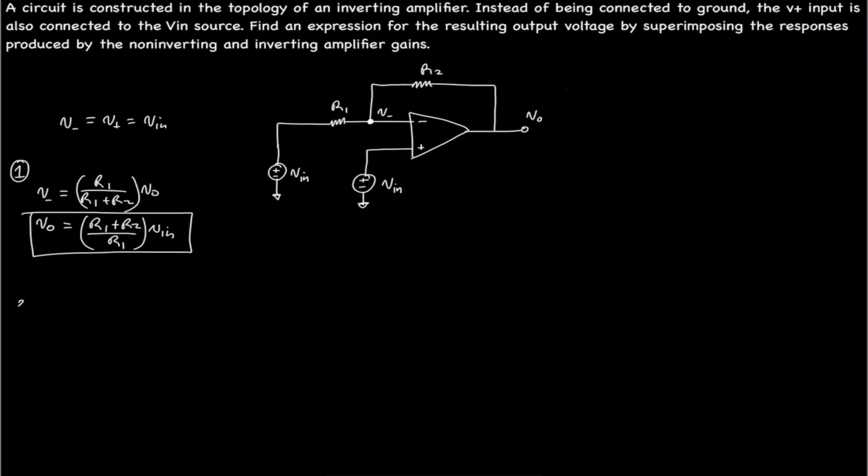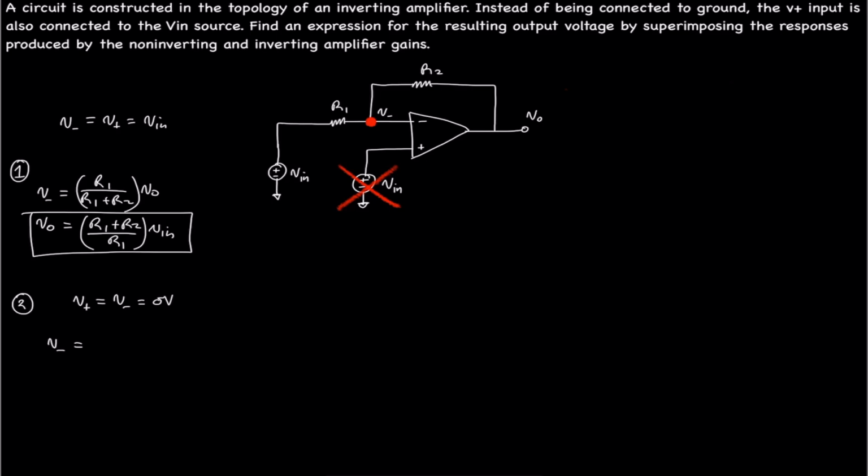So for the inverting amplifier, V plus is held at ground, so that's 0 volts, and V minus we know is going to be 0. This is held at ground for the inverting case.